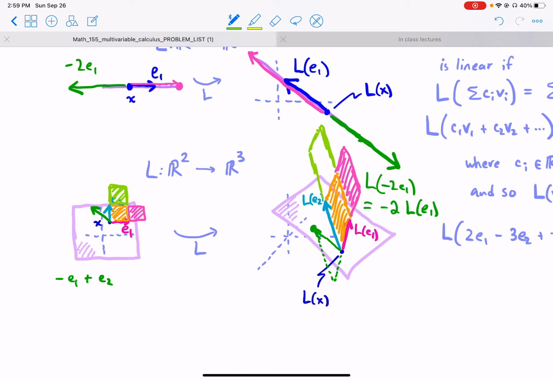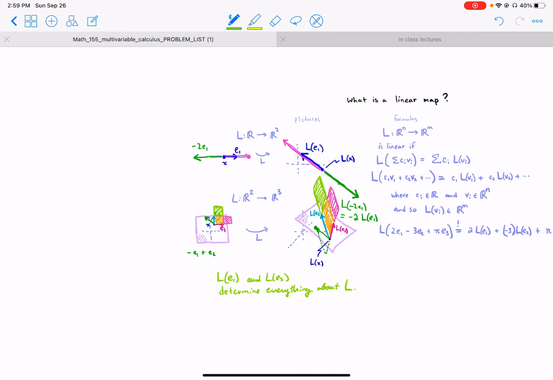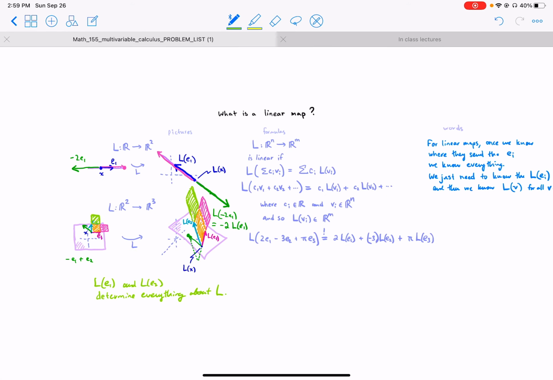I'm trying my best to draw them sort of roughly the same. They should all look the same. And so you see that just by knowing L of e1 and L of e2, they determine everything about the linear map L. That's why we like linear maps.